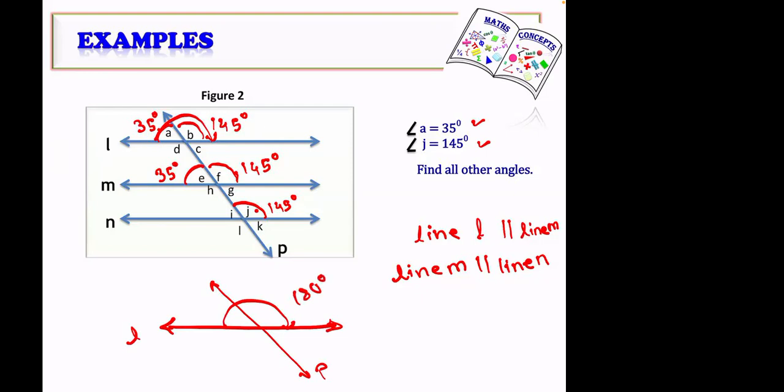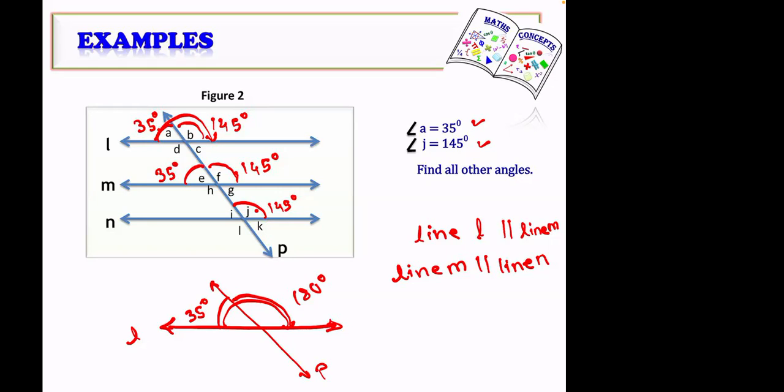So if this one is 35 degrees, this has to be 180 minus 35, which is 145 degrees. Okay? Ayush, understood this? Yes, ma'am. Any doubts? No, ma'am.